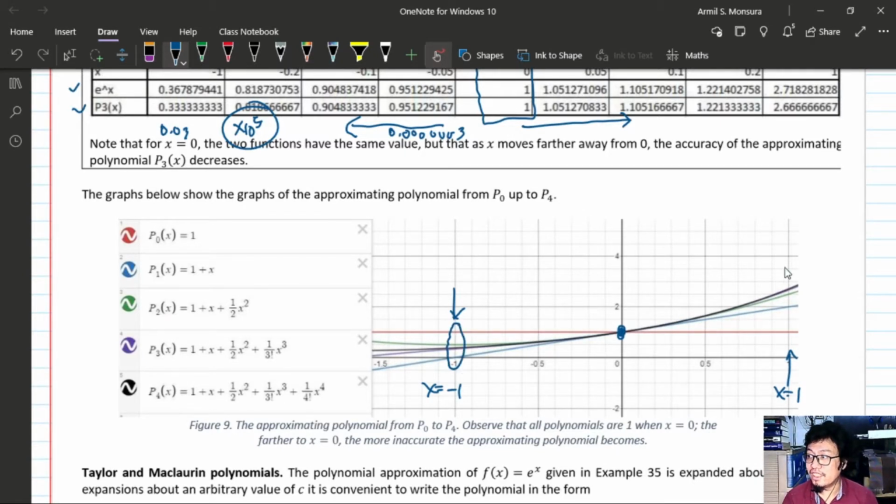Just here, and then just here. So they vary widely. But they actually come close near the center.